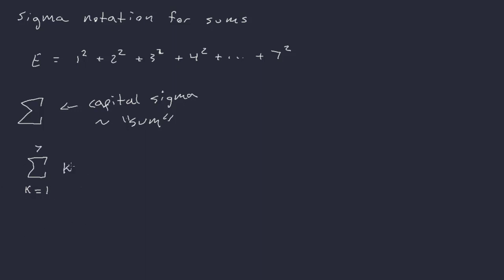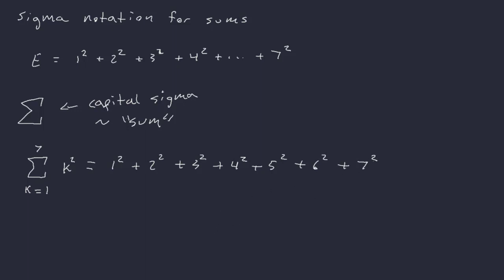And specifically, we will be summing k squared. So this tells you that we're going to be summing k squared for k equals 1 to 7. If we were to work this out, we'd get 1 squared plus 2 squared plus 3 squared plus 4 squared plus 5 squared plus 6 squared plus 7 squared.